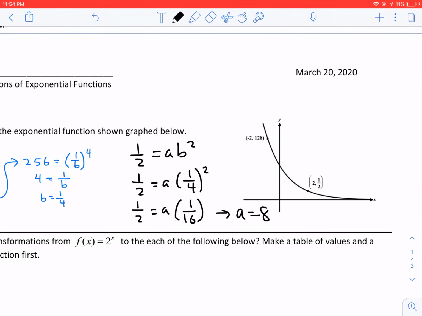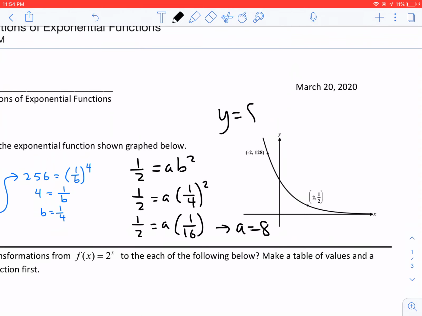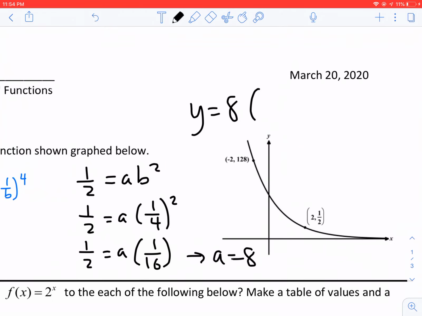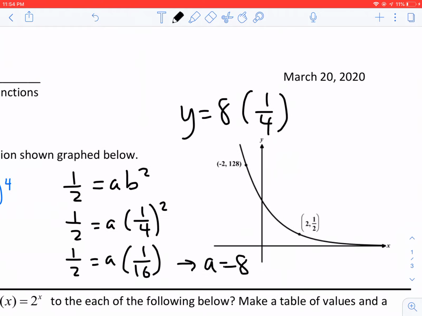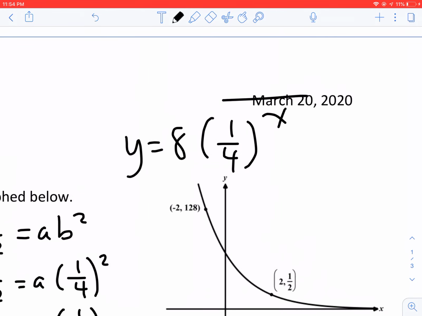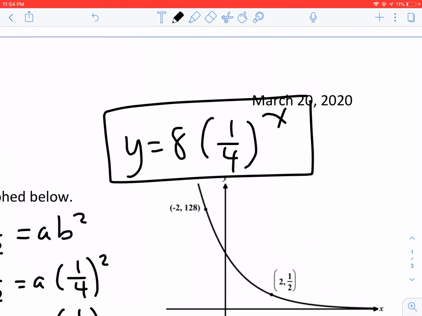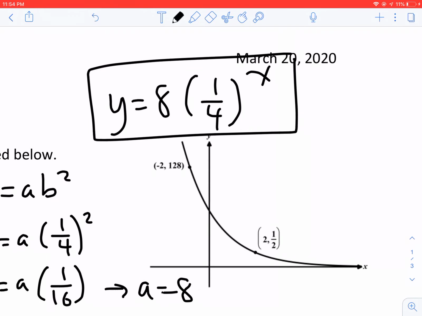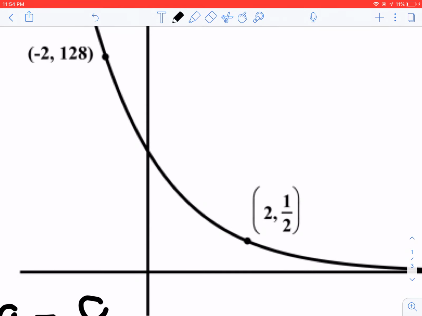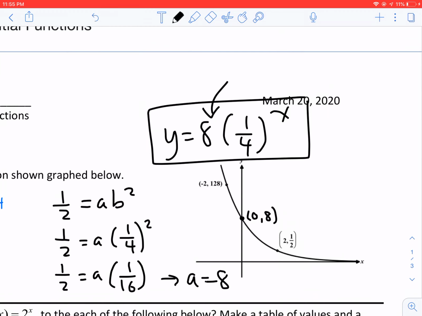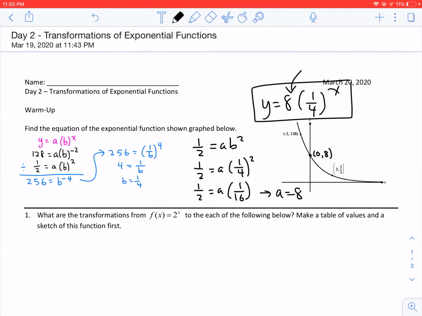So putting together that a value, 8, and our base, a quarter, we have our equation: y equals 8 times 1/4 to the x power. So apparently that coordinate there is 0, 8. That a value, that's the y-intercept. So definitely not drawn to scale, but that should be 0, 8.